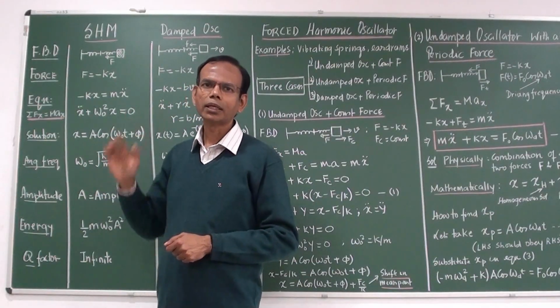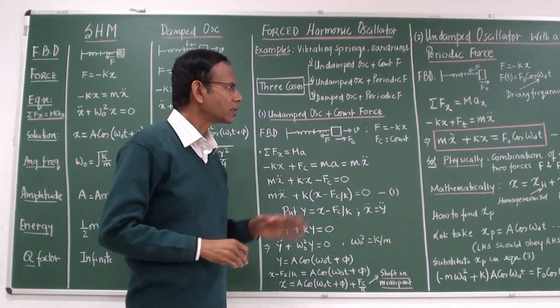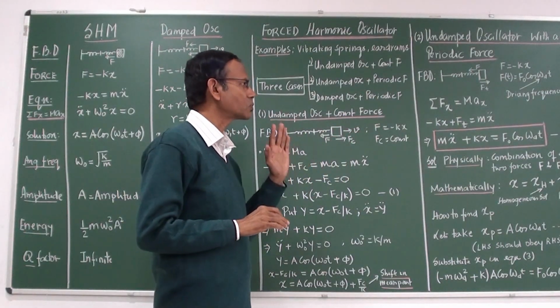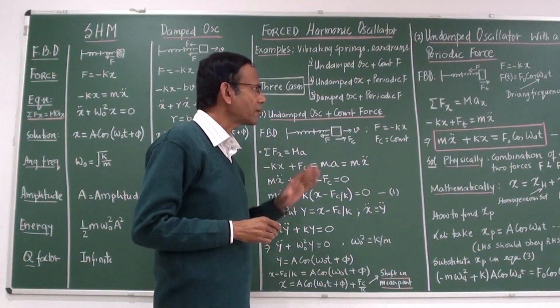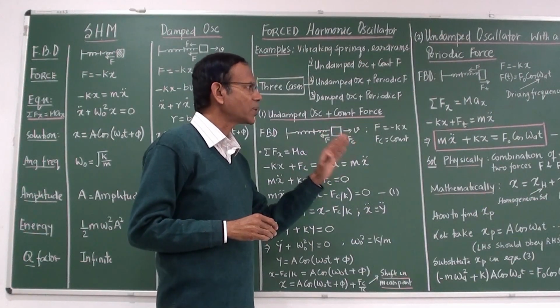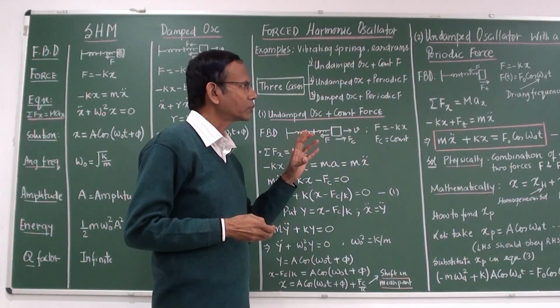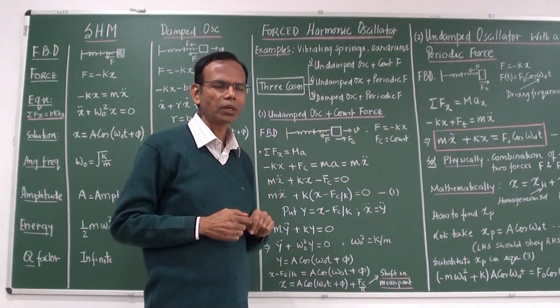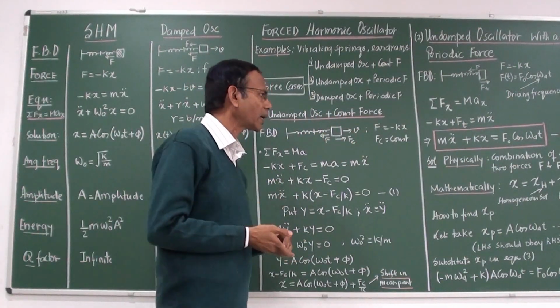Then we get the equation of motion. Similarly, there are certain fundamental concepts that we have to learn. I have tried to make it as simple as possible so that we only study the fundamental concepts, because the rest of the things you can calculate.